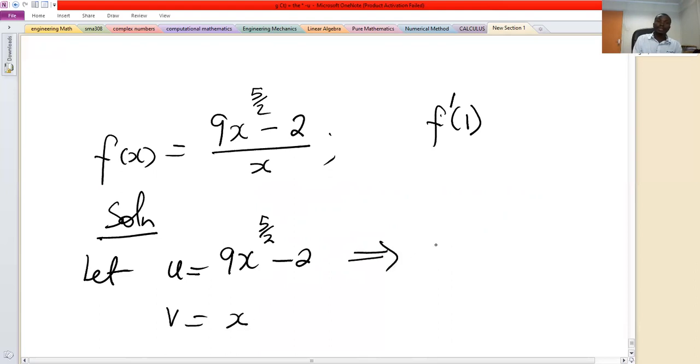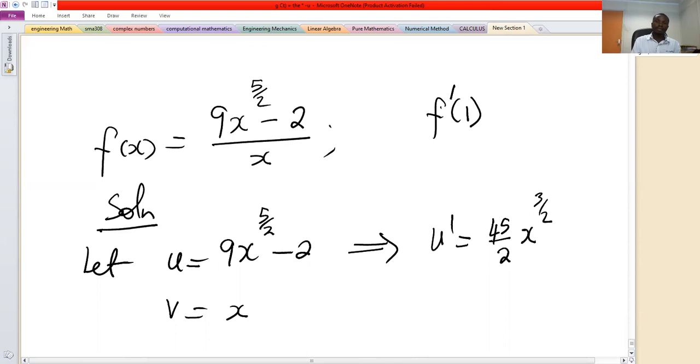So u prime will be 45/2 x to the power 3/2, and v prime will be 1.